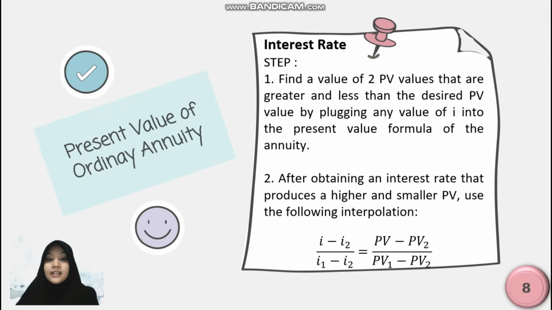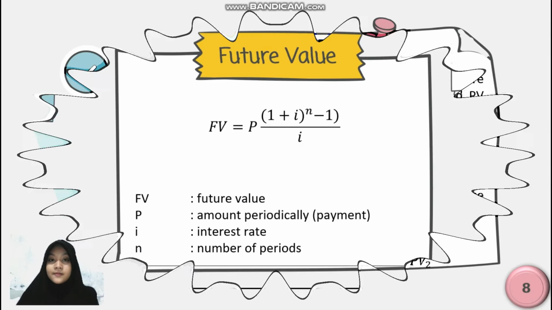Second, after obtaining an interest rate that produces a higher and a smaller PV, use the following interpolation. This is the interpolation: i minus i2 divided by i1 minus i2 equals PV minus PV2 divided by PV1 minus PV2.